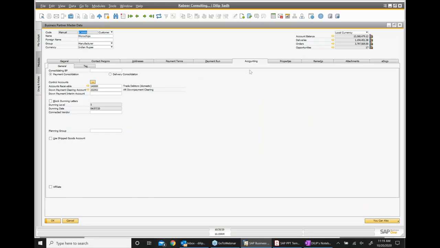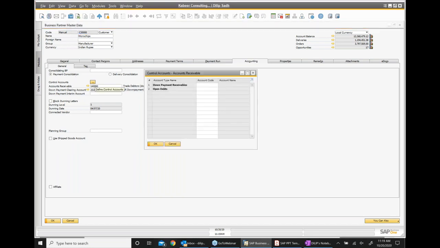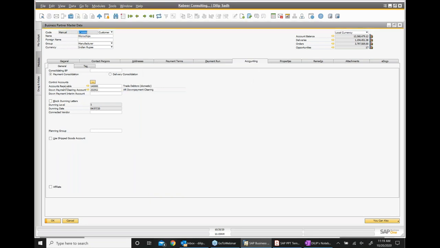And if I go back here in the accounting tab, this is the customer master, and we have here something called, you see that, control account, and there's account receivable 140000, trade debtor domestic. Now this account is associated to this customer.